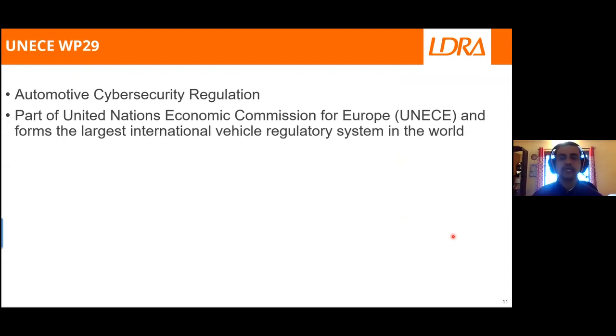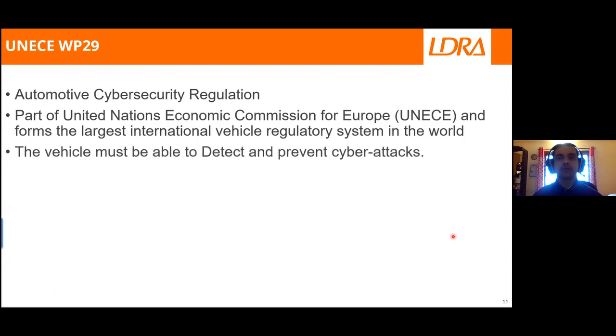Of course, the majority of the OEMs and government bodies will start adopting this, and it is mainly related to cyber security regulations. One important thing as per this regulation is that the vehicle must be able to detect and prevent cyber attacks.